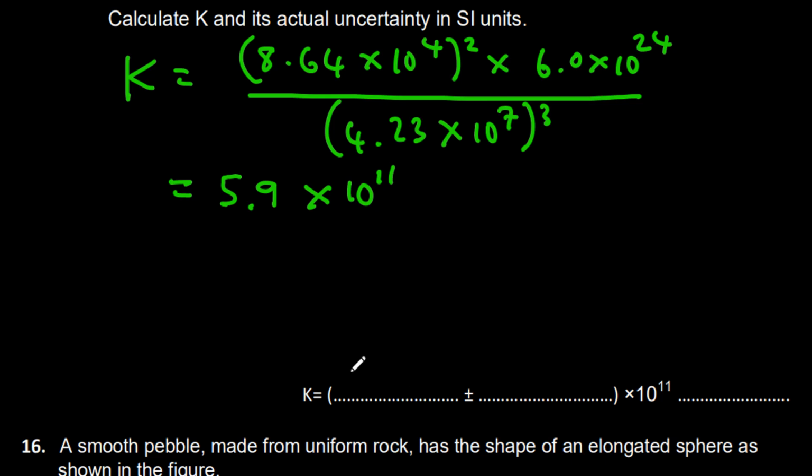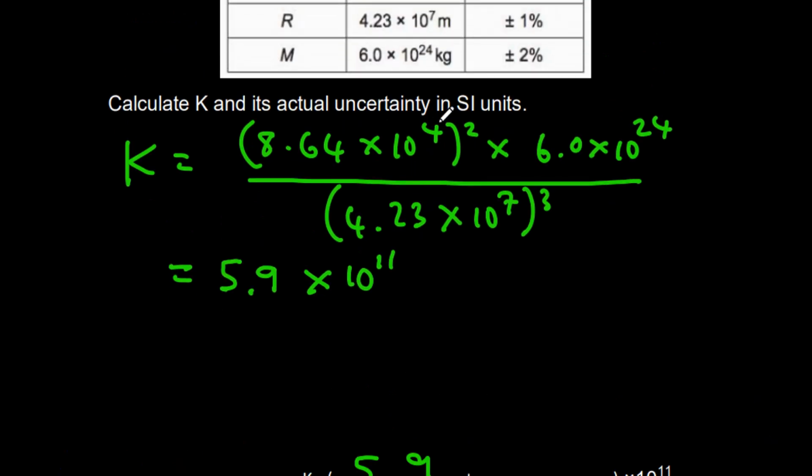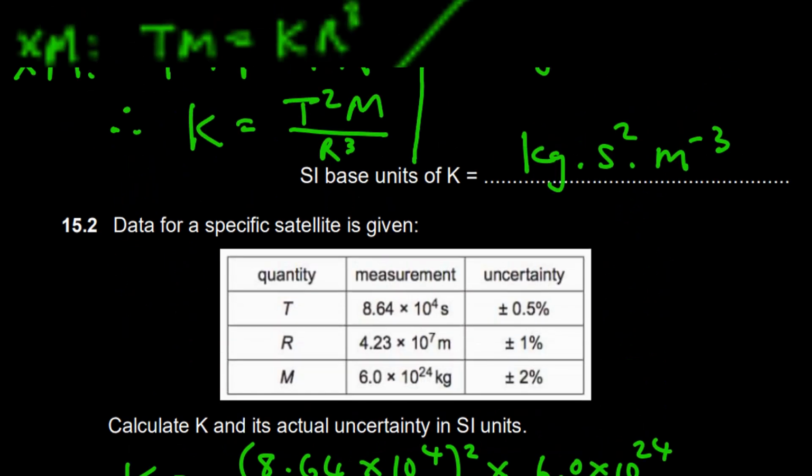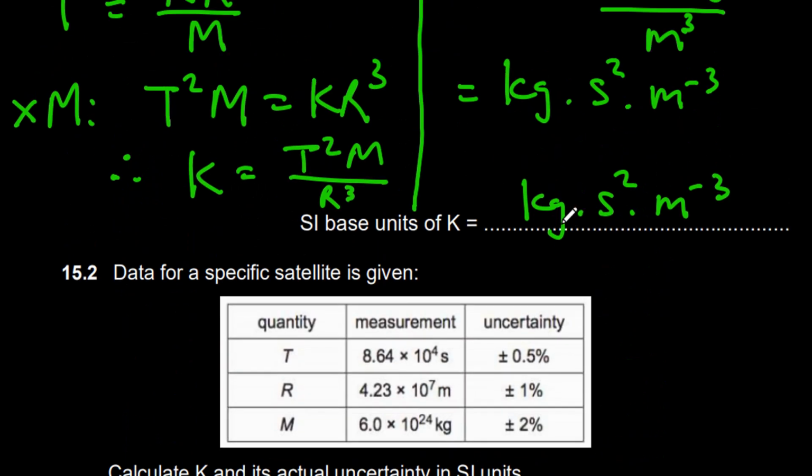So that's what we can write in here. We already have times 10 to the 11 here, so we don't have to write it in here. And of course, the question said in SI units, although we haven't found the actual uncertainty yet, and we know that the SI units that we found for K were kilograms seconds squared per meters cubed.